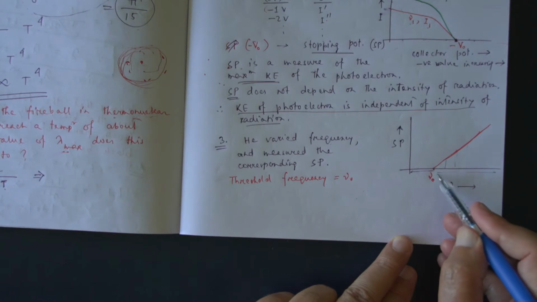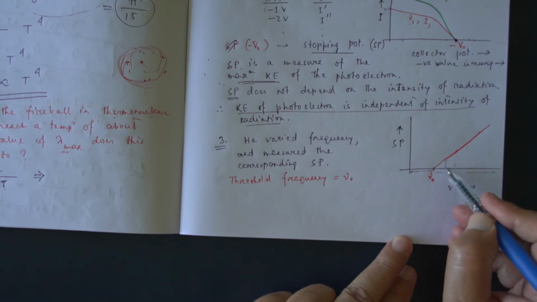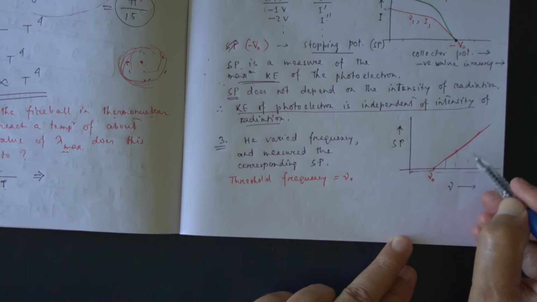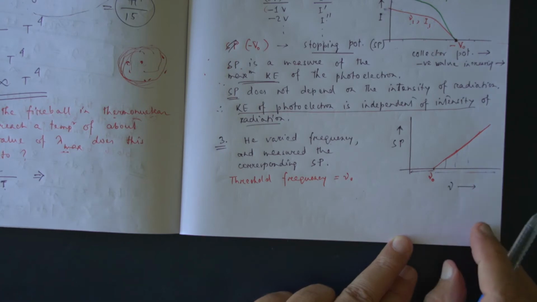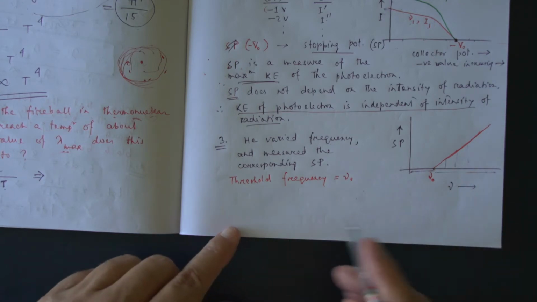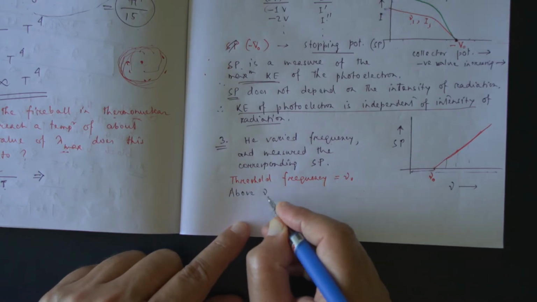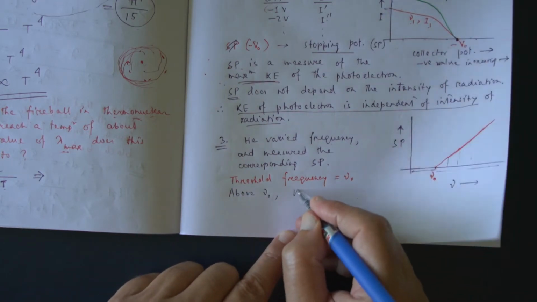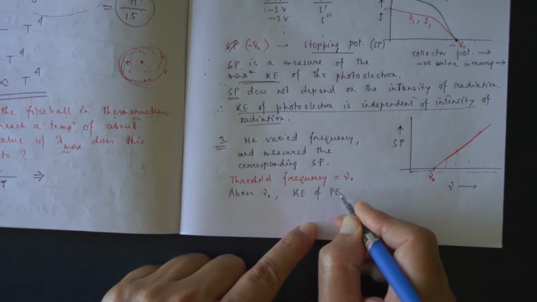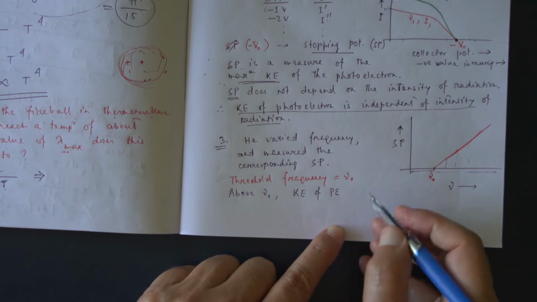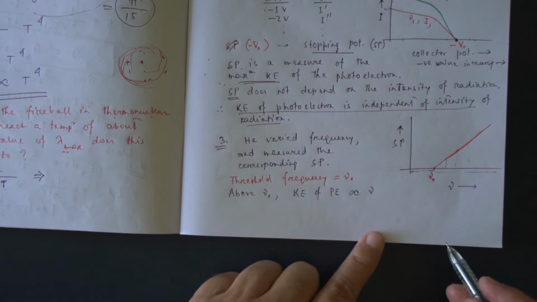That means above threshold frequency, the kinetic energy of the photoelectron increases as frequency increases. That means above threshold frequency, kinetic energy of photoelectron is proportional to frequency of radiation.